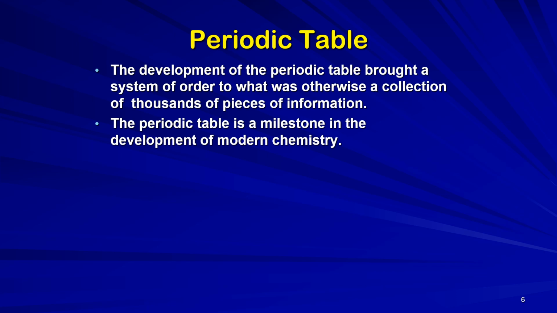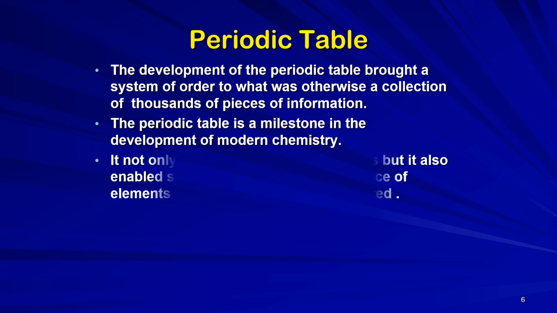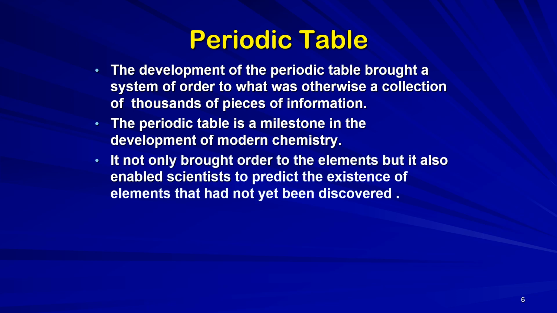So it is a very important event, the creation of this periodic table in the history of chemistry. It not only brought order to the elements, but it also enabled scientists to predict the existence of elements that had not been discovered yet.